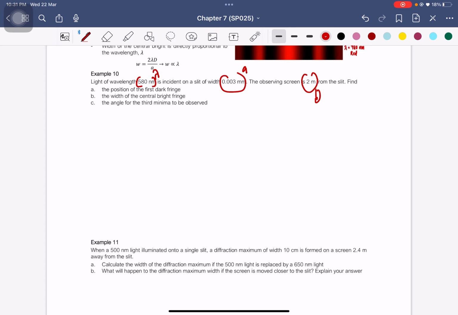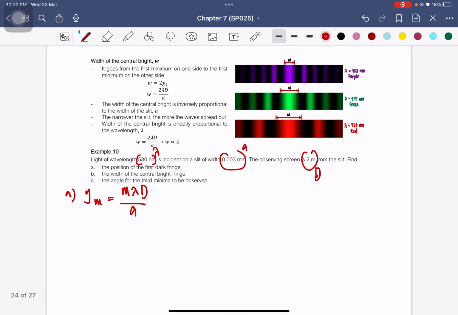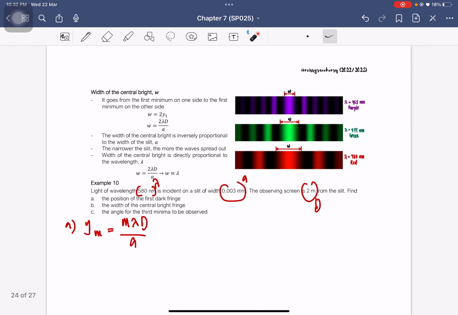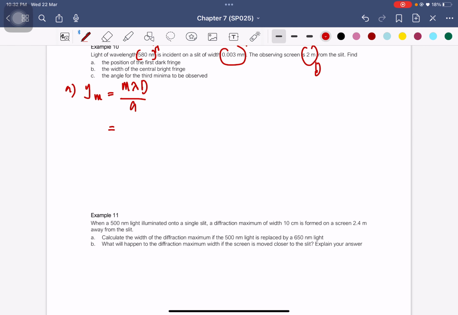Okay, so the position of the first dark fringe. So the formula is y_m equal to m lambda D over a. This is the dark fringe, right?